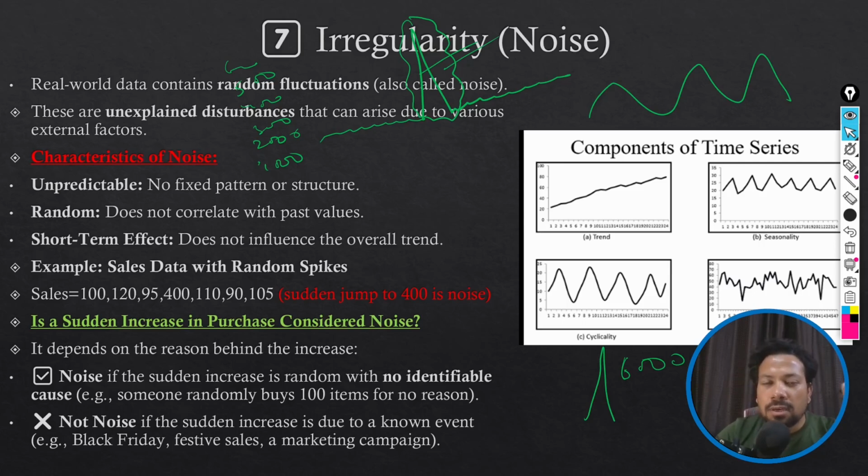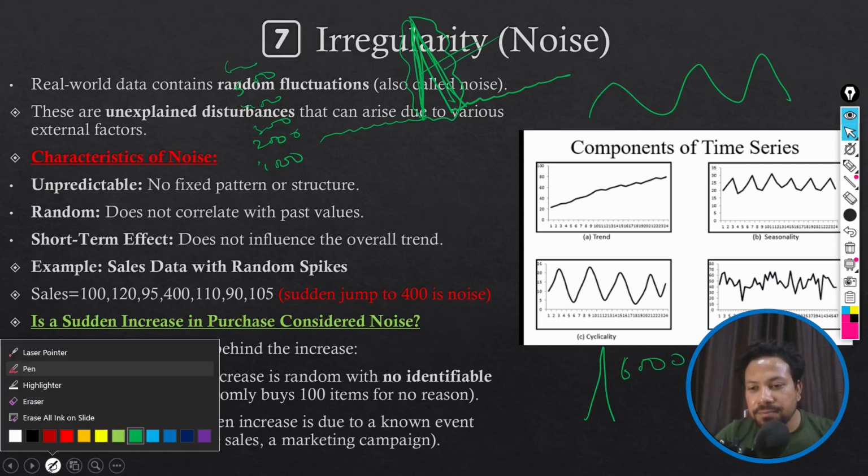Now, here we know why this particular sharp peak came: because thousands of students approached your shop. So we know the reason for this particular noise, but the actual noise is when we do not have any idea why this is happening in our time series data.